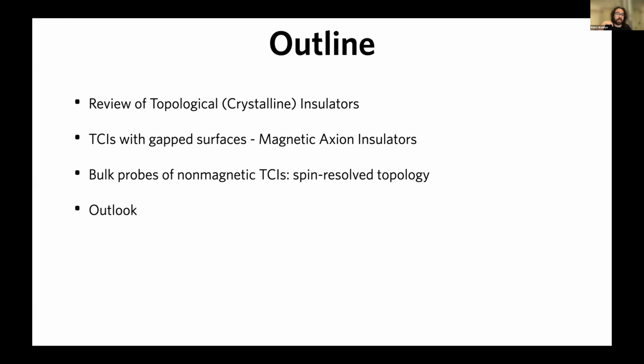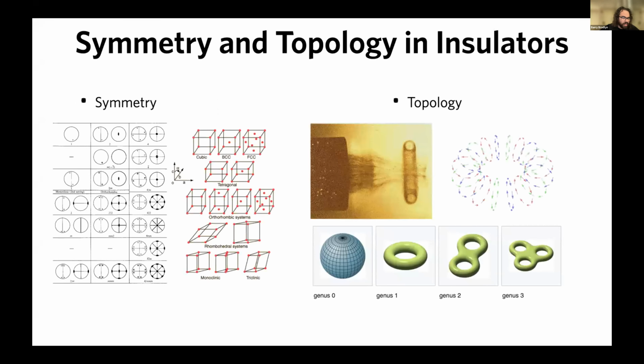These are higher order topological insulators. A family with broken time reversal symmetry that we understand very well are so-called magnetic axion insulators, and I'll talk about those. Then I'll try and develop some techniques based off of what we know in the magnetic case to formulate some bulk probes of non-magnetic or helical TCIs. And then I'll talk about some open questions for future research.